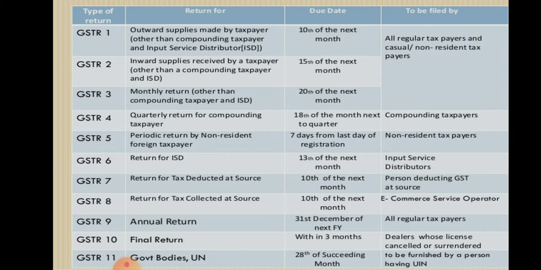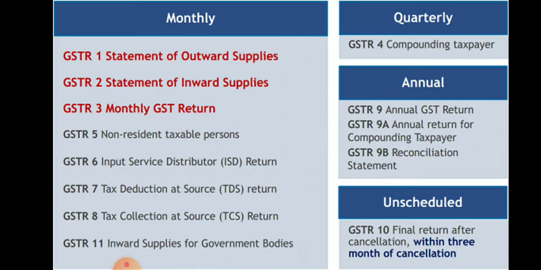So these are different types of returns under GST, and may be further summarized as monthly returns, quarterly returns, annual return or unscheduled.